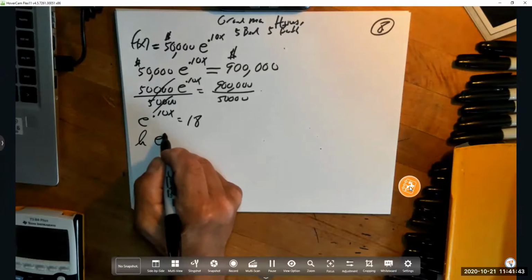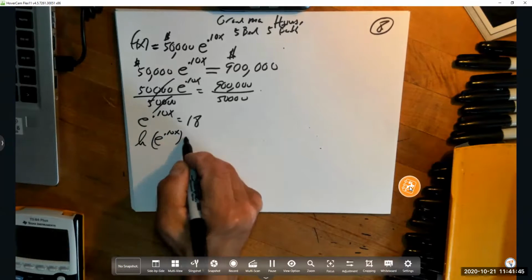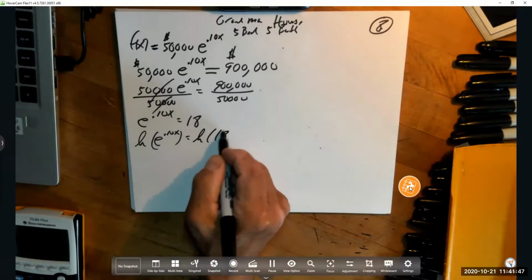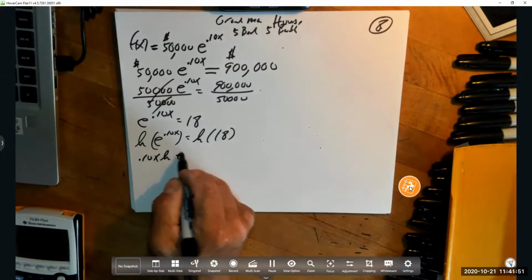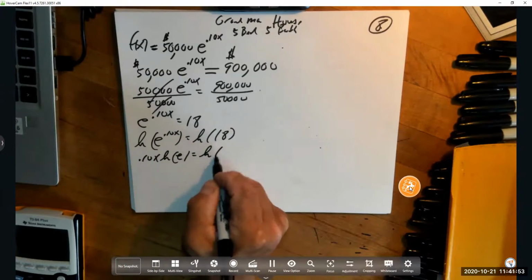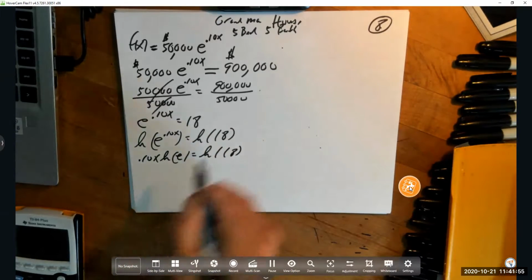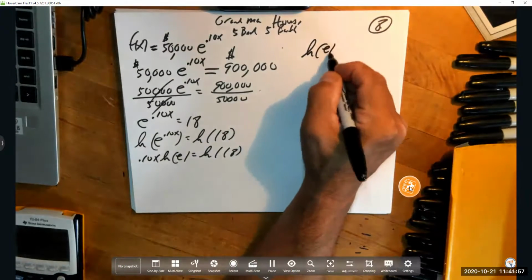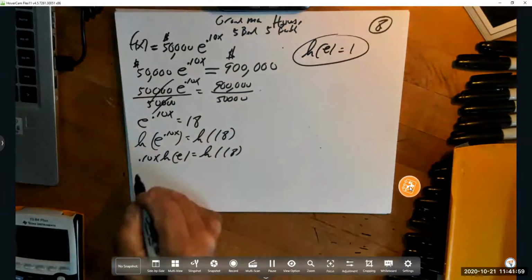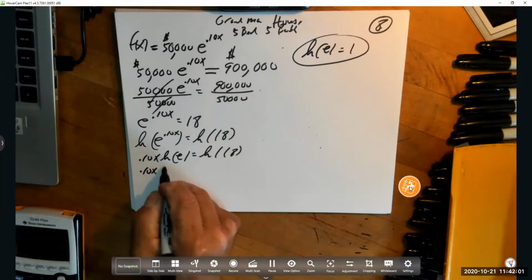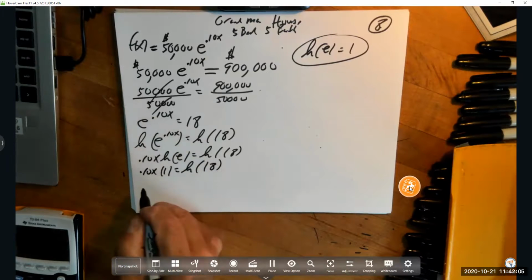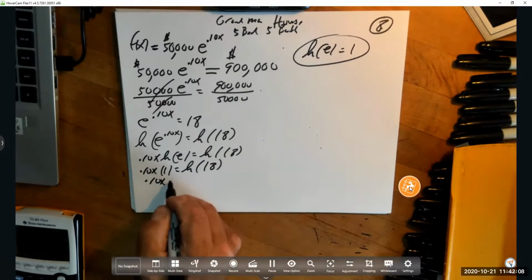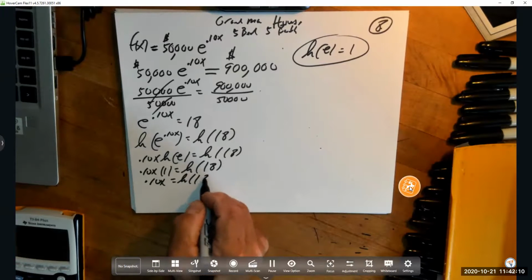So now I'm gonna do the same thing. ln of e to the 0.10x and ln of 18. So 0.10x ln of e equals ln of 18. And I told you that ln of e is always going to be a 1. So 0.10x times 1 equals ln of 18. So 0.10x equals ln of 18.